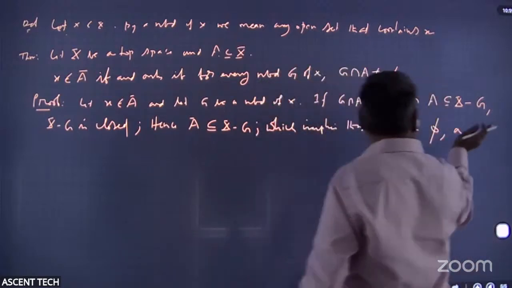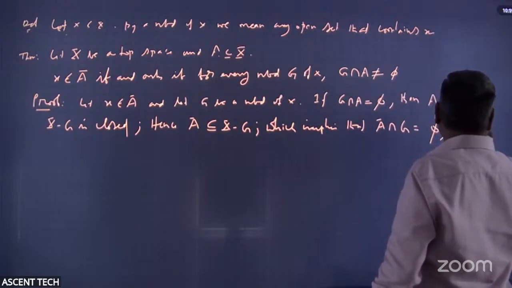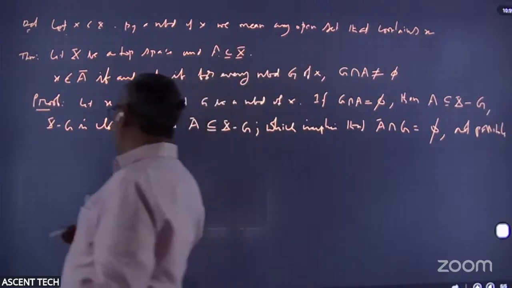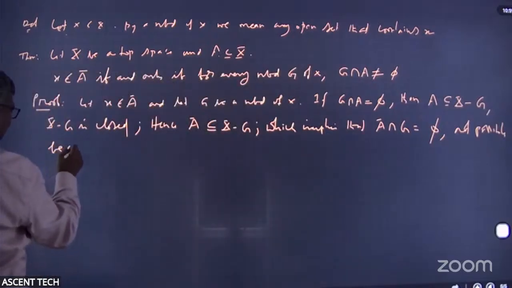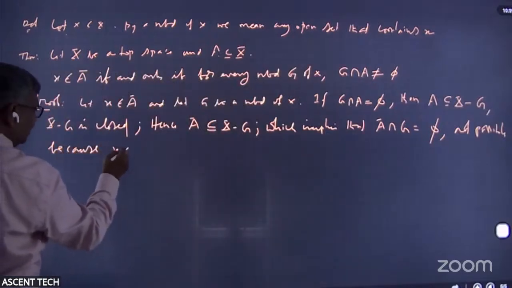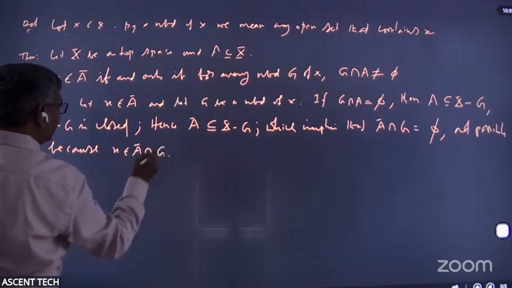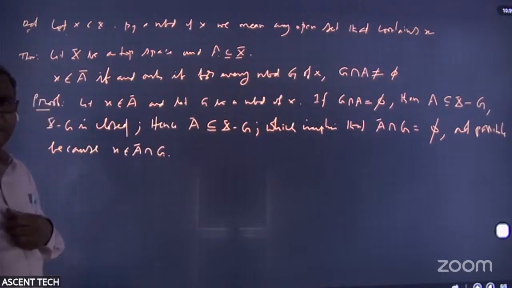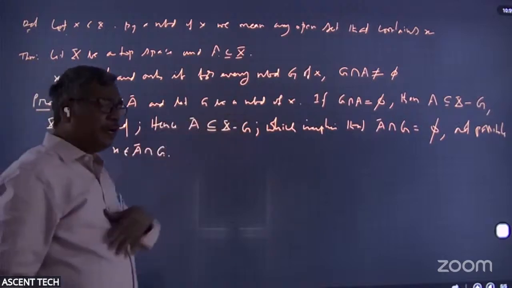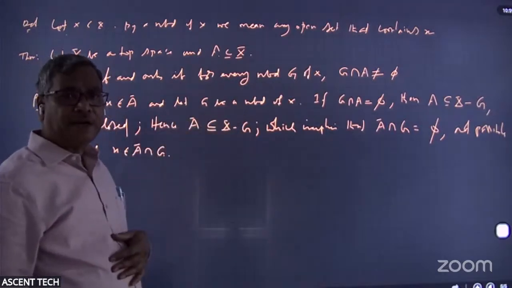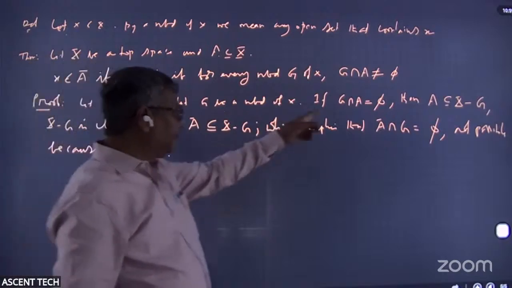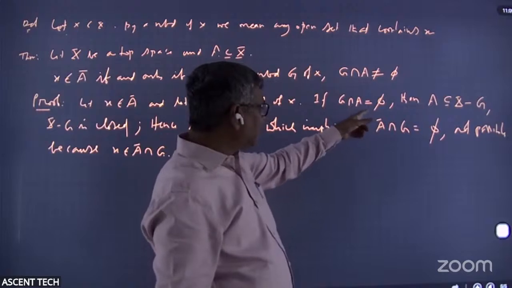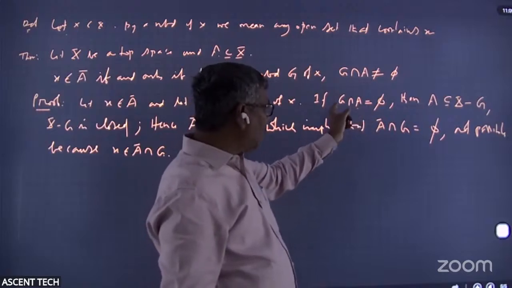It's not possible. Why? Because x is in A bar intersection G. So if x is in A bar and we take any open set G containing x, that is a neighborhood of x, G intersection A must be non-empty. Why? Because if it is empty, G intersection A empty means A is outside of G.